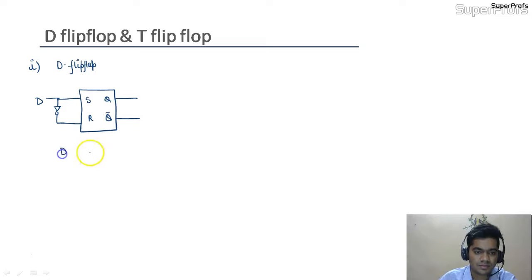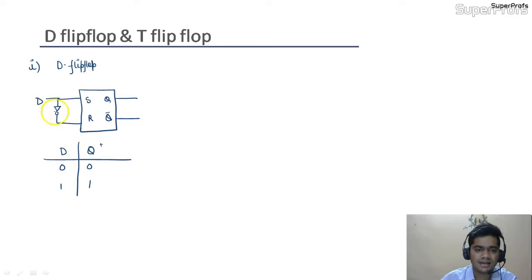So what would be the possibilities, or what would be the truth table for this case? For D input as 0, S equals 0 and R equals 1. So it means that Q plus would be 0. For D equals to 1, the S input is 1 and the R input is 0. So it would be a set state, or we can say that Q plus would be 1.